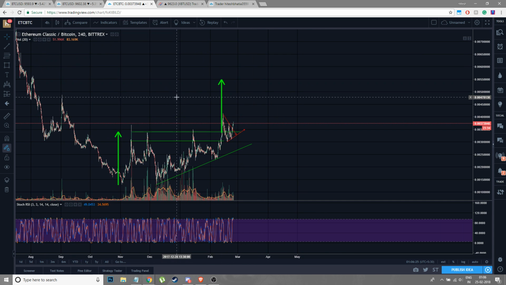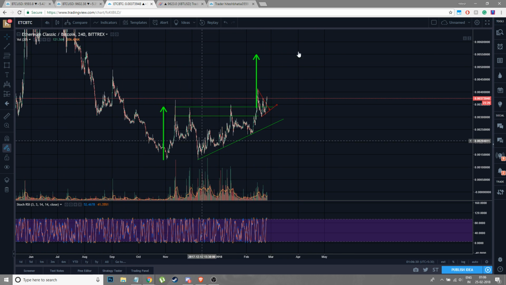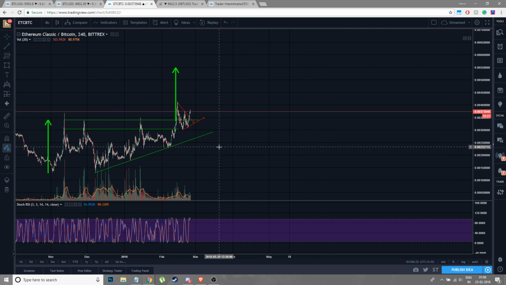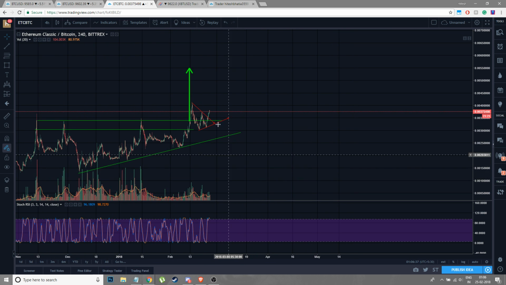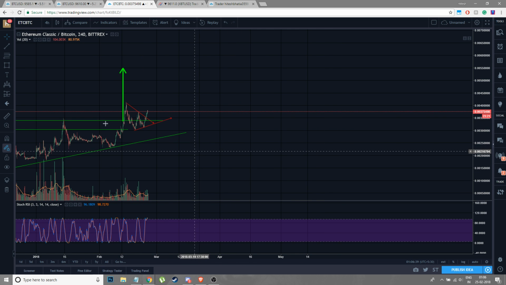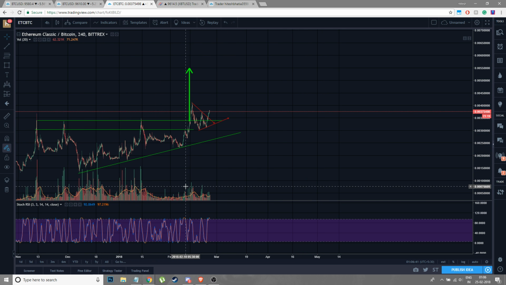So sometime in the future, I'm expecting it to reach 0.0054. That should be the expectation from this up move. There is the Callisto hard fork, right, which I think will cause problems for Ethereum Classic. It should see a significant sell-off.